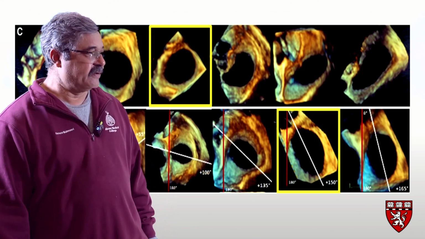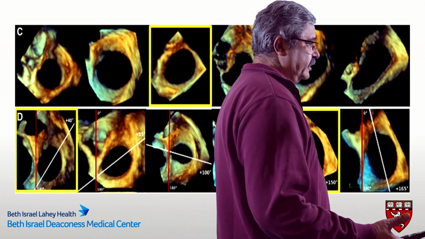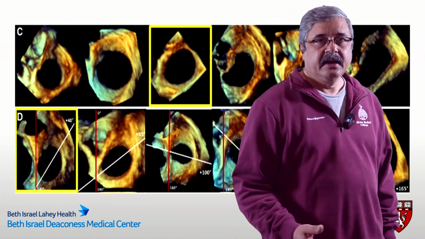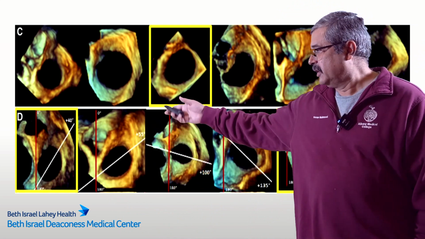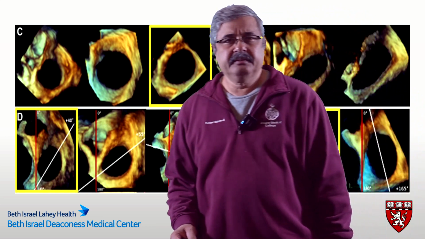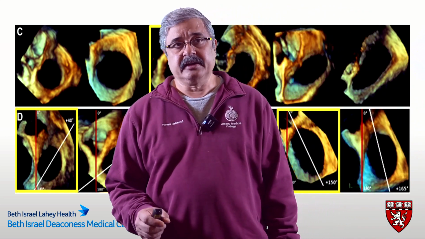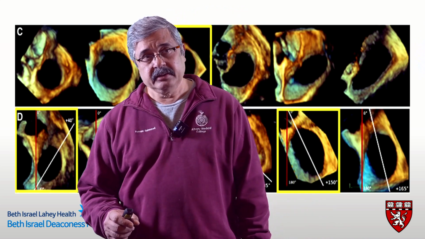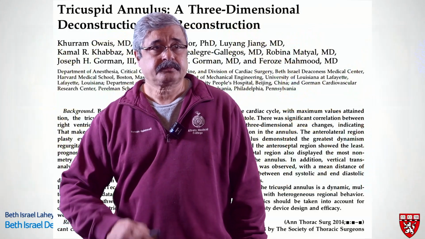Now, as you can see in this specific graphic as well, there are innumerable axes between the different points in the annulus, and the area changes depending on whichever axis you measure. So it would not be prudent to use a single axial diameter of such an irregular structure to predict or estimate the area of the whole annulus.